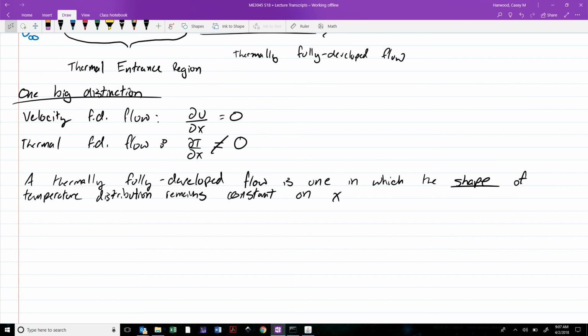so if we write out the dimensionless temperature, say theta equals Ts minus T over Ts minus T mean. So we've got our local temperature, the temperature at a point, surface temperature, and mean temperature. We'll define this in just a second.